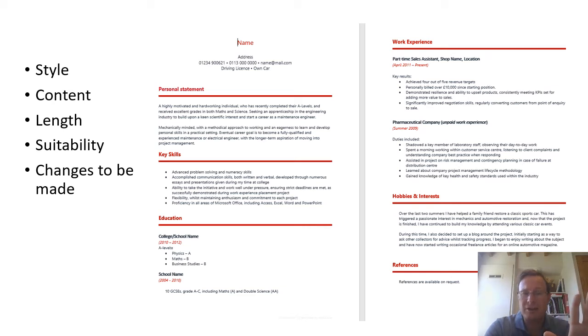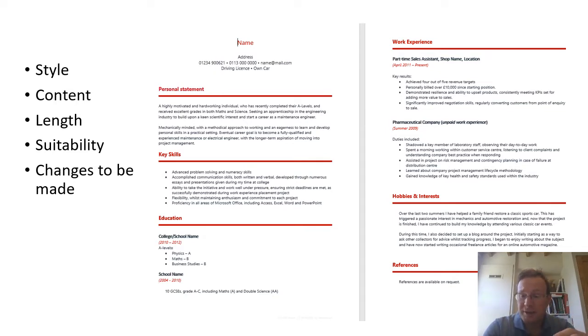It's got all the sections in the right place. It's very easy to read. You can see that on the second page the work experience starts right at the top. There's not a heading at the bottom of page 1 and then all the content at the start of page 2. So the formatting is really good.